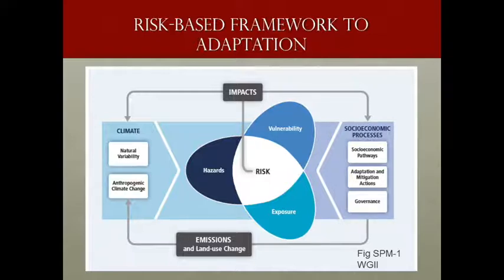The exposure is the same, but the vulnerability is different, no? There are different situations in the society in the way that people are organized in Haiti than the way they are organized in Dominican Republic, and therefore the risk of the event results in very different outcomes, okay?